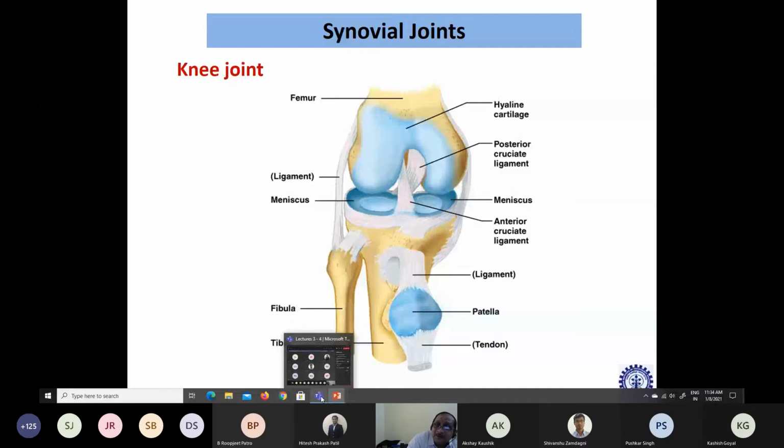Sometimes the grade of tissue can vary from one location to the other. It can be a little bit more dense, it can be a little bit less dense, but a cartilage is always a cartilage.